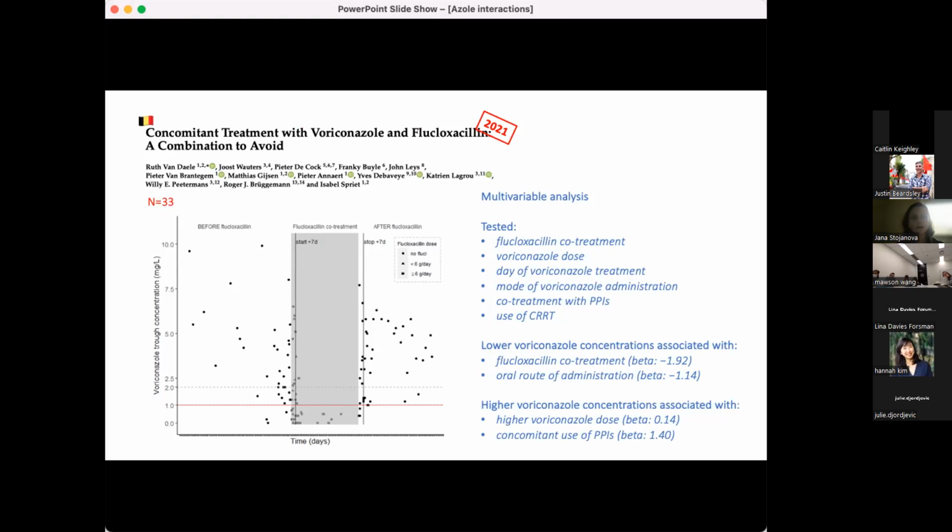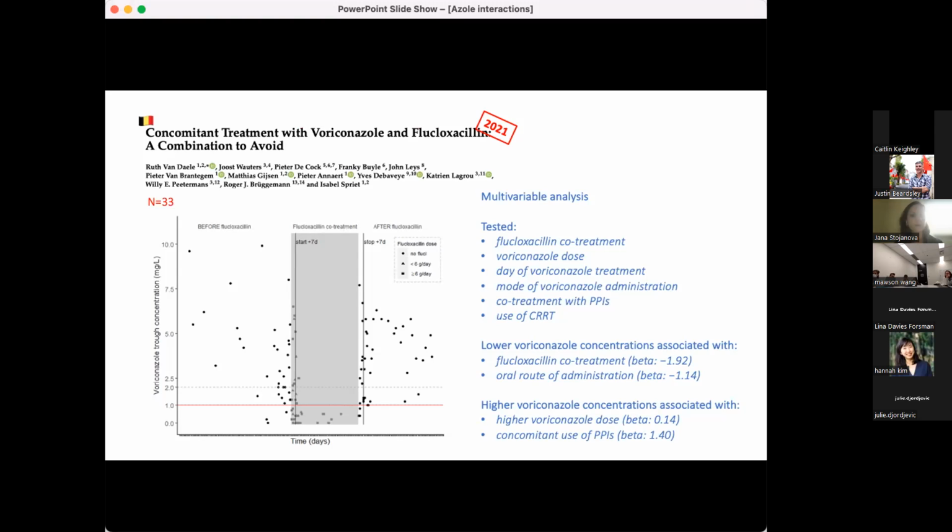They showed that high initial voriconazole concentrations, so they showed that flucloxacillin co-administration is indeed associated with lower voriconazole concentrations. This might seem unusual, but on the grapevine this interaction is discussed, and people don't really believe it.